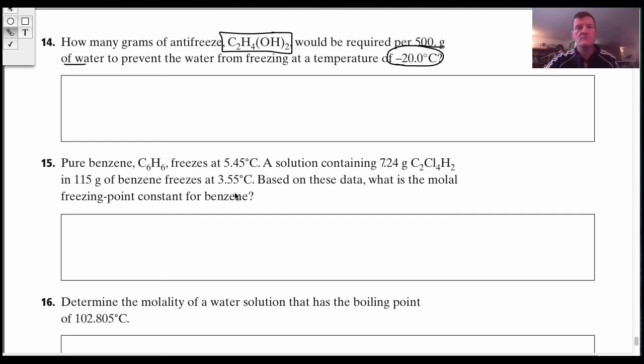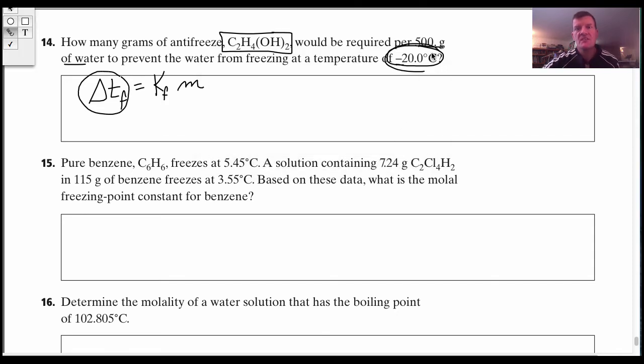So here's your formula. Delta T sub F, that is the freezing point depression, is equal to K sub F times the molality. Now, this number here, the delta T, is actually given to us.